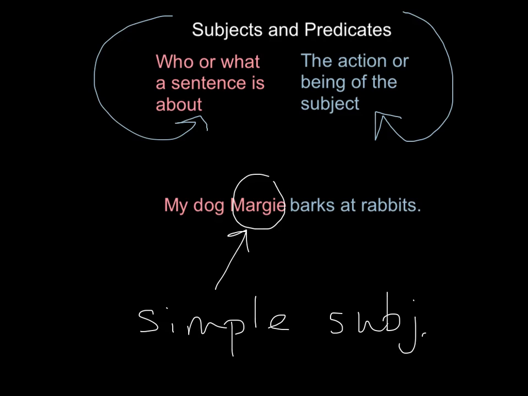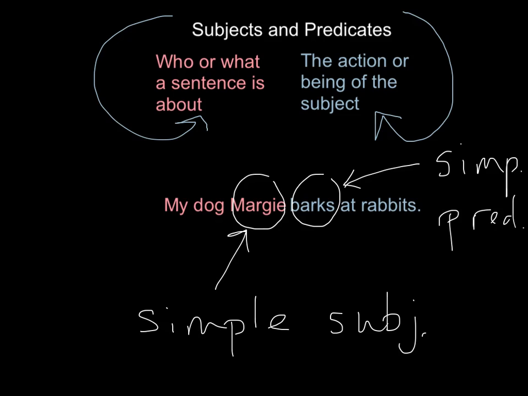And in this case, it's the word barks. Barks is the simple predicate. And truly, you could have a sentence that just says, Margie barks. But we have more details with a complete subject, my dog Margie, and a complete predicate, barks at rabbits.